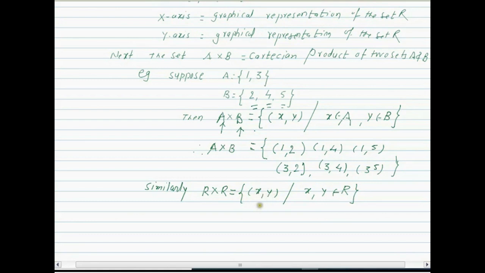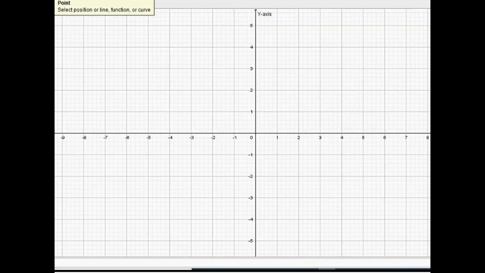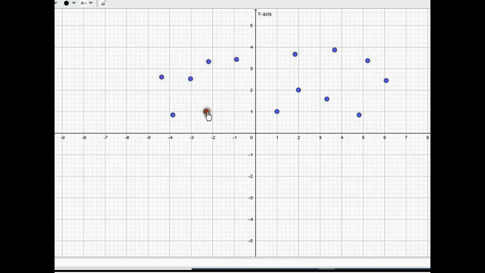So how many ordered pairs are there? An infinite number of ordered pairs in this set R cross R. I will show you the xy plane. This is your xy plane, and if you see, you can have an infinite number of points in the xy plane like this.